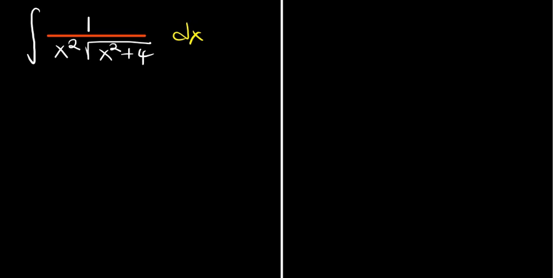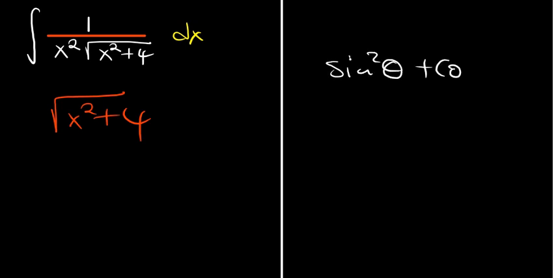Okay, so now in this case, let's pay attention to the radical we have, root of x squared plus 4. Thinking of the same identity I've just written, sine squared of theta plus cosine squared of theta, which form of that identity can this be?